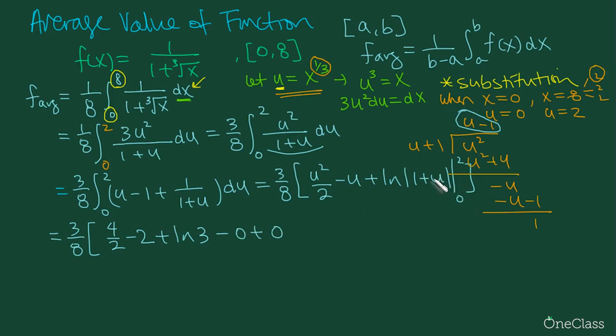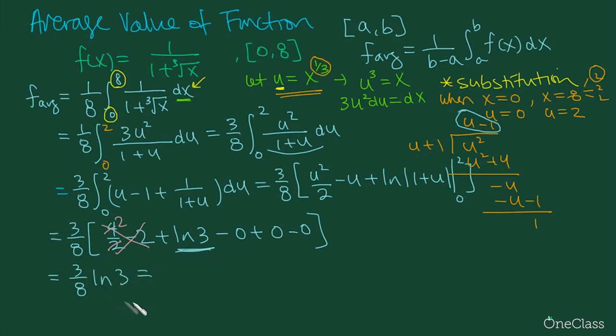As you plug in 0, ln 1 is equal to 0. So we have 2 minus 2, which will cancel itself out, so this whole thing will disappear. Don't cross it out on the exam paper, I'm just doing it to show you that we don't need to deal with this anymore. So we have 3 over 8, only ln 3 left.